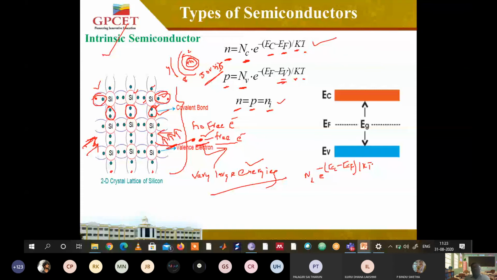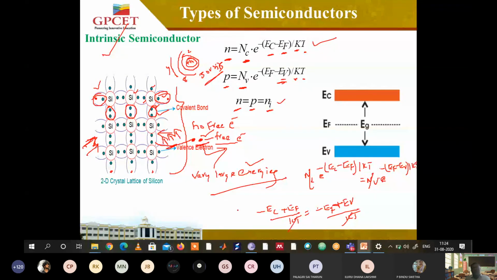If you equate these, the effective masses of electrons and holes are equal, so Nc and Nv get cancelled. What you get is minus Ec plus Ef divided by kT is equal to minus Ef plus Ev divided by kT. Right? kT gets cancelled.